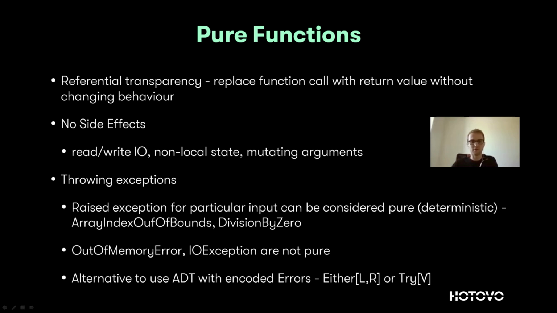These are things we talked about in our previous sessions. But then there are exceptions that are definitely not pure. If there's some IO access and the IO can fail, of course, we might not have a network connection, and it would happen randomly or not always. So these exceptions will make the functions not pure.